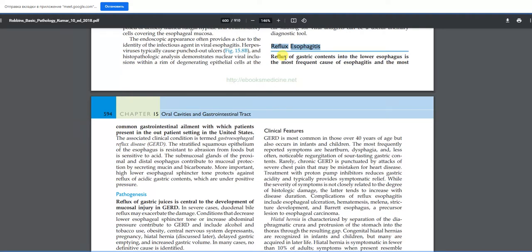So it's not a tumor yet, but it very soon can be converted into esophageal cancer. And adenocarcinoma of the esophagus is mainly caused by this reflux esophagitis, the main etiological cause of it.